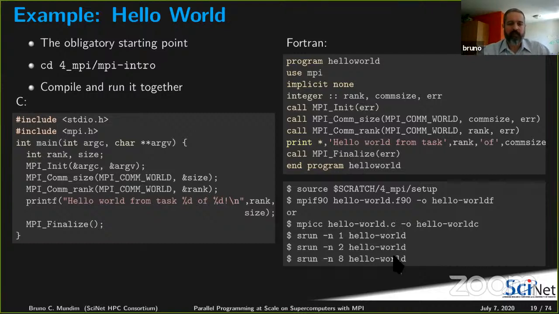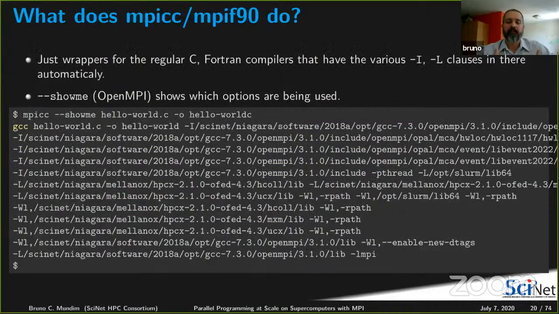Okay, let's go a little bit more into the details of what each piece of this puzzle is doing. So mpicc and mpif90, as I said, are not compilers, they are wrappers to compilers. And you can see what they're actually doing by just typing, in the case of OpenMPI, the option --showme. It's going to show which compiler was used and what flags and options were used.